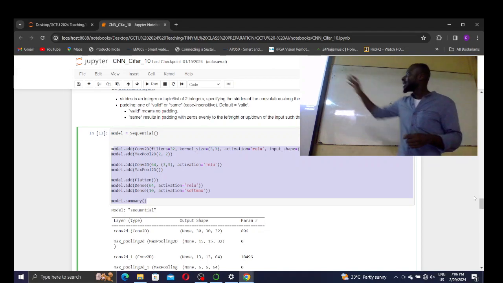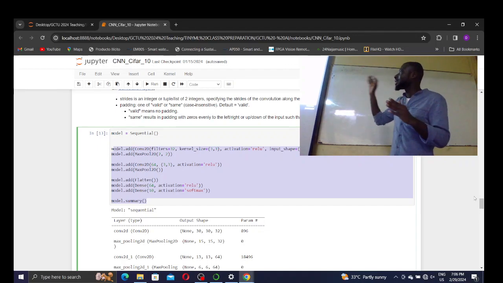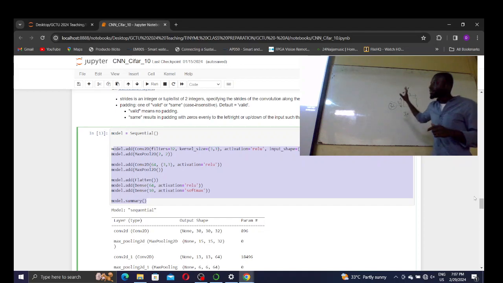The filters are also called kernels, so each filter or kernel size is 3 by 3. So it's a 3 by 3 filter, and there are 32 of these 3 by 3.